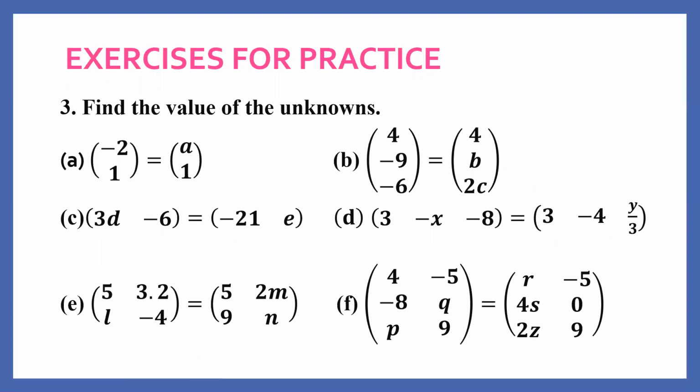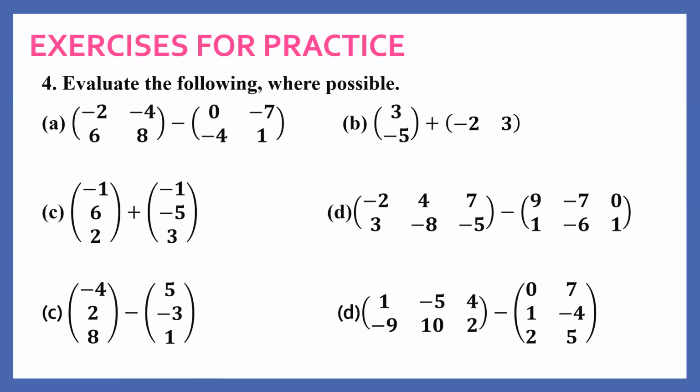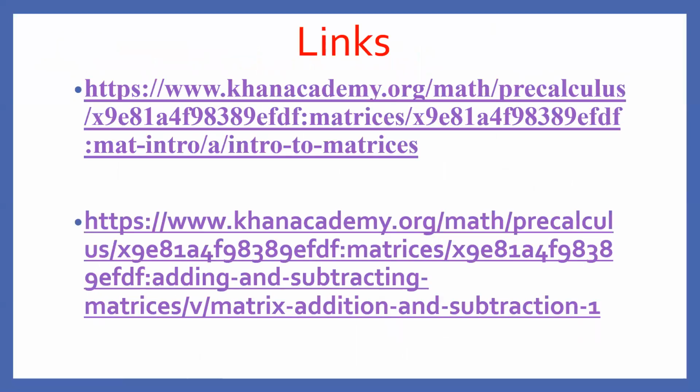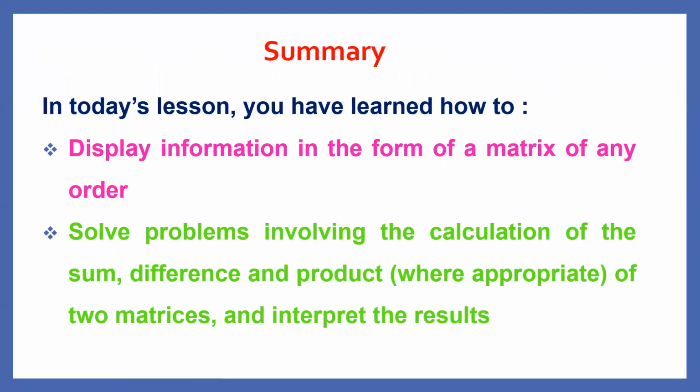Number 3, find the value of the unknowns, where we have the equal matrices. Number 4, you need to evaluate where possible. So remember, you have to check the order first. And you have 2 interesting links where you can get additional practice on what has just been explained to you.